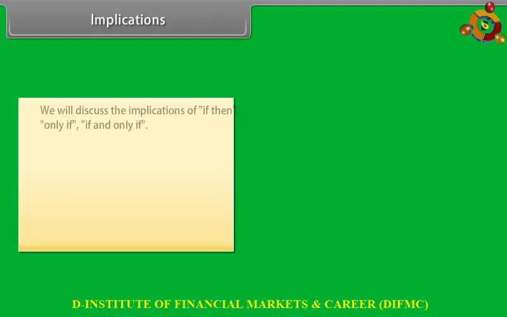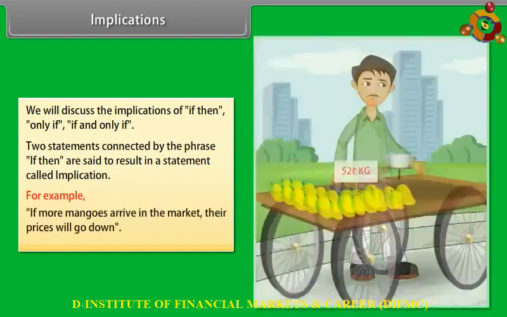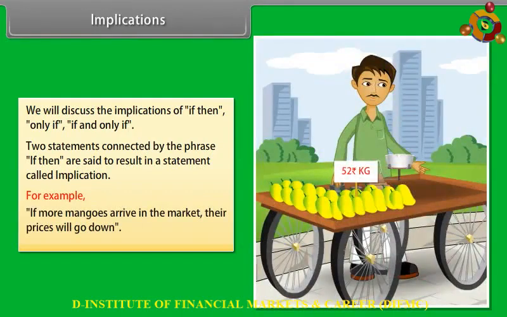Implications. We will discuss the implication of if-then, only if, and if and only if. Two statements connected by the phrase if-then are said to result in a statement called implication. For example, if more mangoes arrive in the market, their prices will go down.